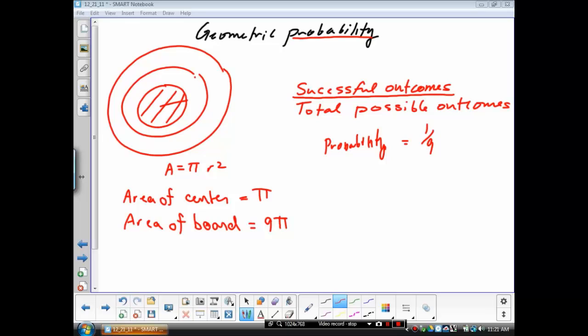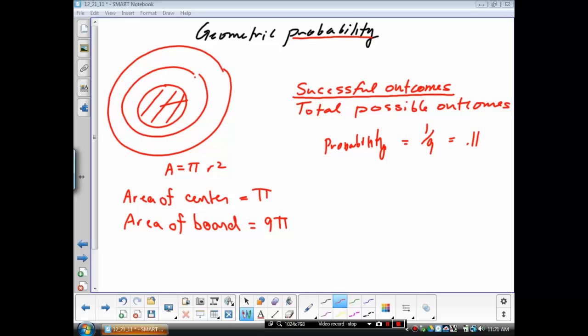Now, thinking about this, you can write a probability as a fraction, you can write it as a decimal, because it does not have to be stated as a ratio. So I could write this as a 0.11 chance, or a 0.1 chance rounding, okay?